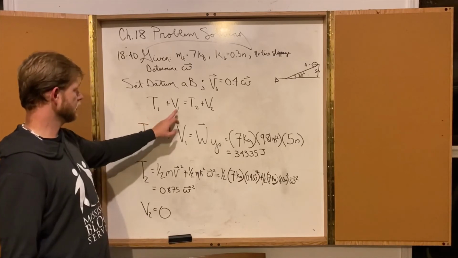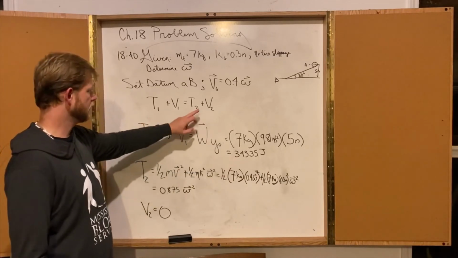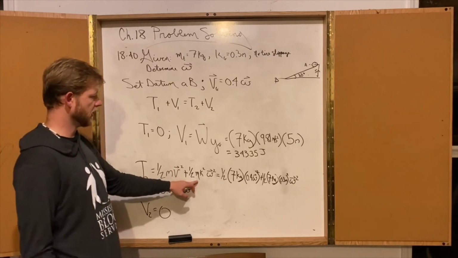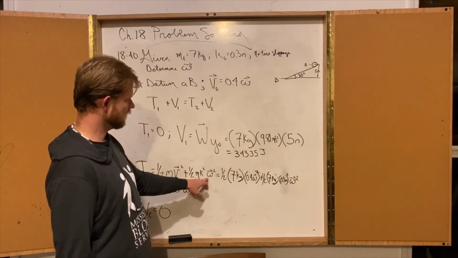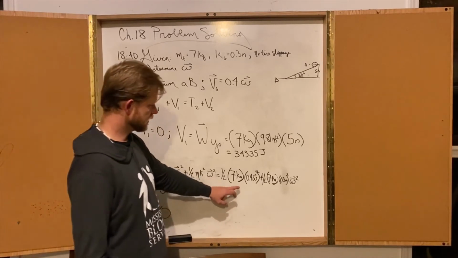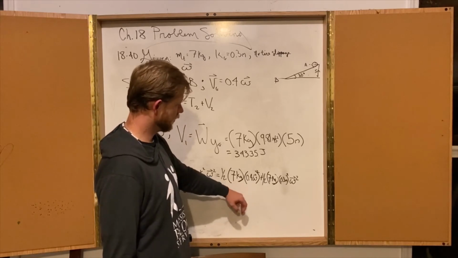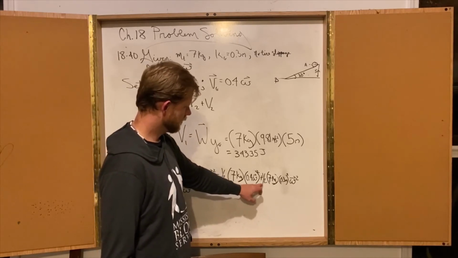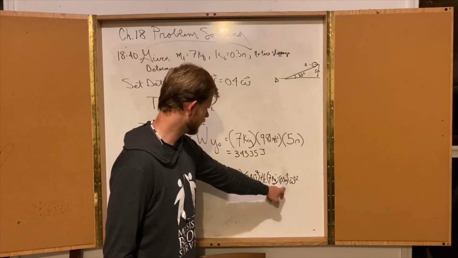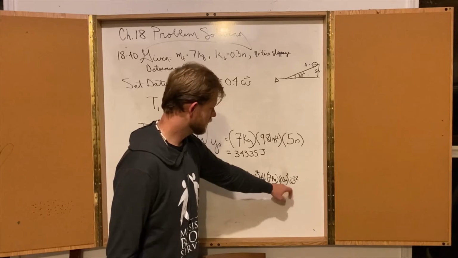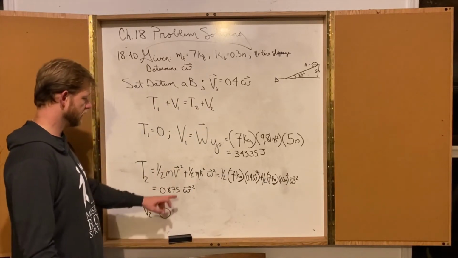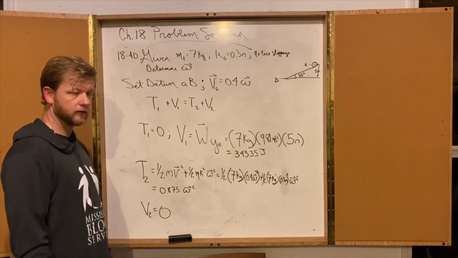So T1 is 0, V1 is 343.35, T2 equals 1/2 the mass times the velocity squared plus 1/2 the mass times the radius of gyration squared times the angular velocity squared, which equals 1/2 times 7 kilograms times (0.4 omega) squared plus 1/2 times 7 kilograms times the radius of gyration, 0.3 meters squared, times omega squared, which gives us a total of 0.875 omega squared.